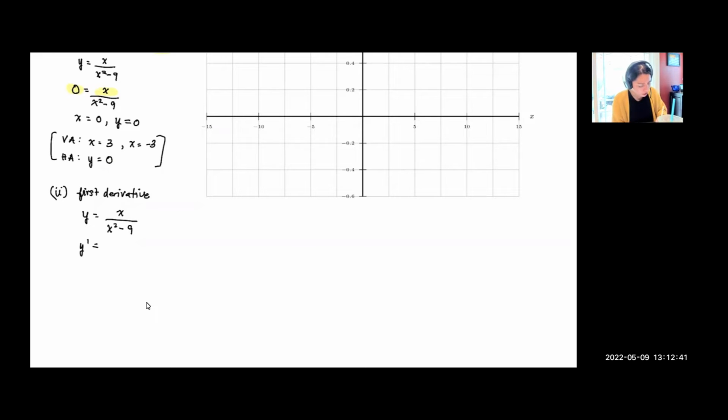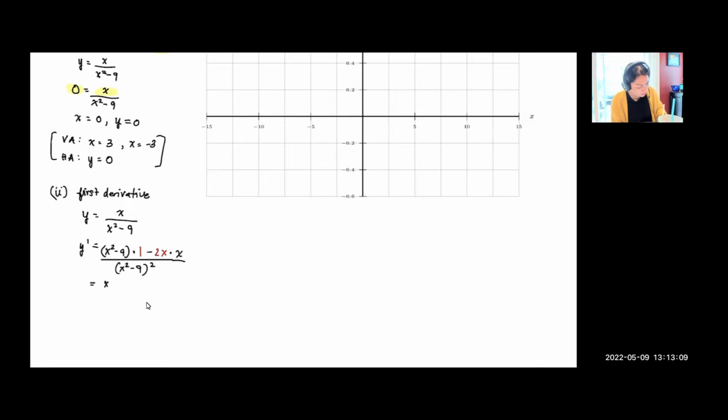So I'm going to go ahead and draw a bar here. I'm going to put the denominator on the bottom, x squared minus 9, and square it. Bring it up, don't touch it, times the derivative of the numerator. I'm going to put that in red so we know we took the derivative, minus the derivative of the denominator, which is 2x, times the numerator, leave the numerator alone.